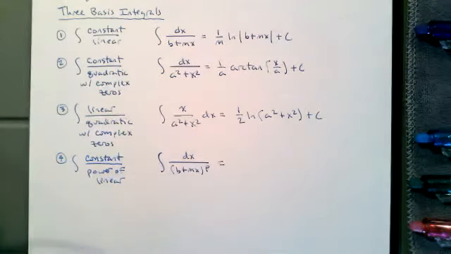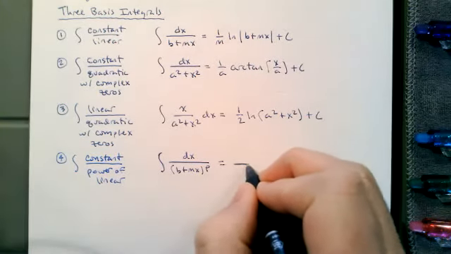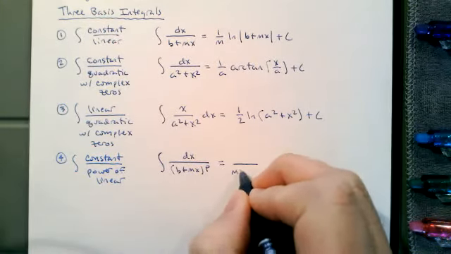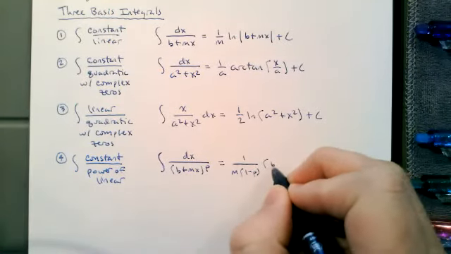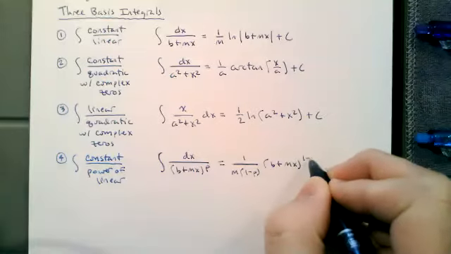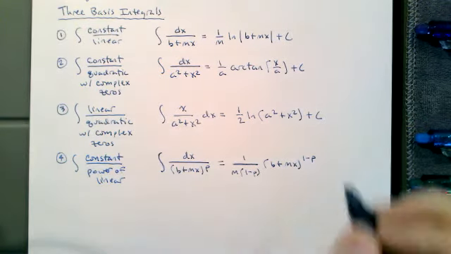So just because the variable appears in the denominator does not mean that we're going to have natural logs. I see natural log people want to just put a natural log in this one a lot. But we add 1 to the exponent and divide by the new exponent. I also put an m in there. So the exponent is negative p, we add 1 to it, so we get negative p plus 1, which we'll write as 1 minus p.